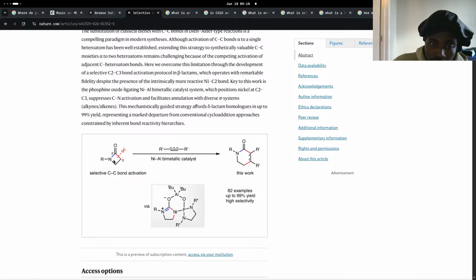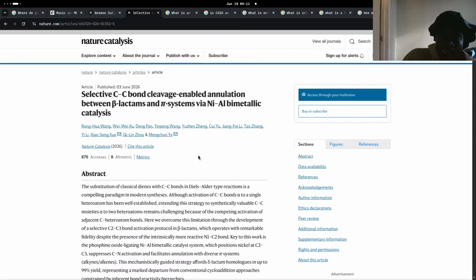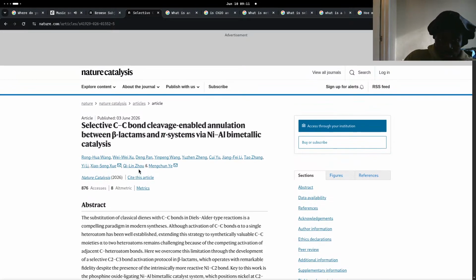C2? C1 has a nitrogen. Is this specific? Wait. Pause. You know what?